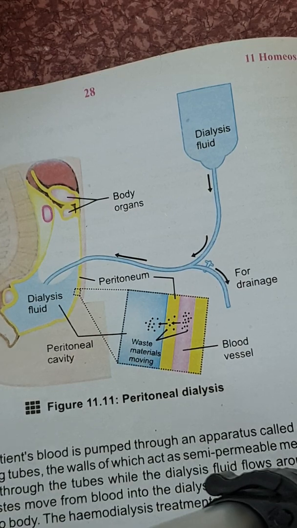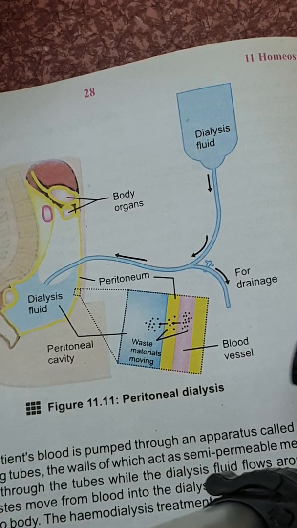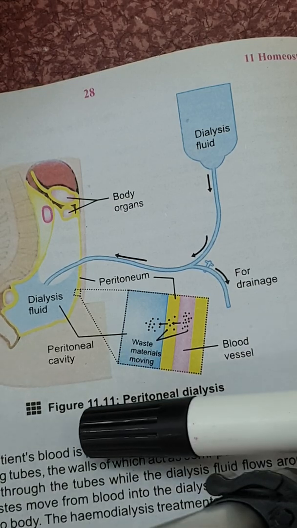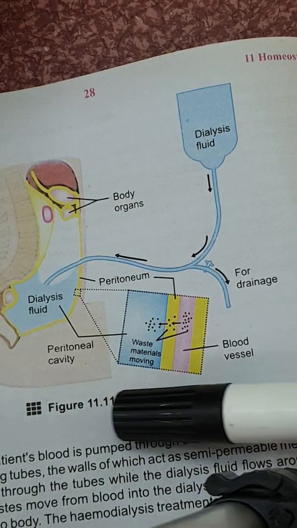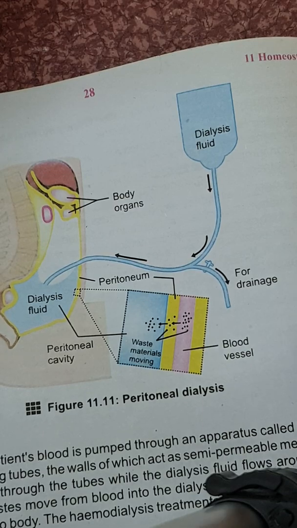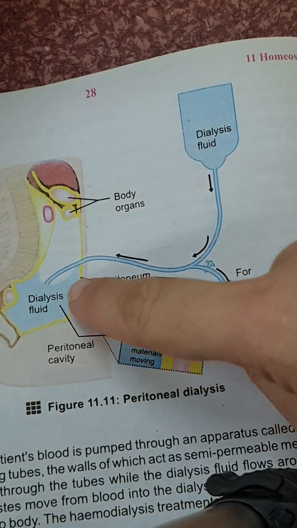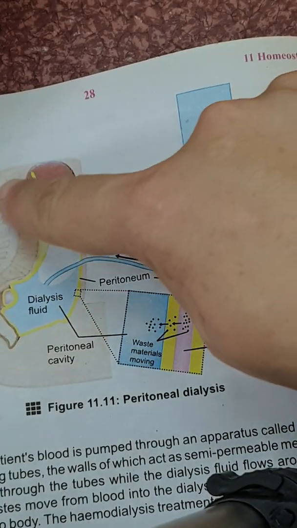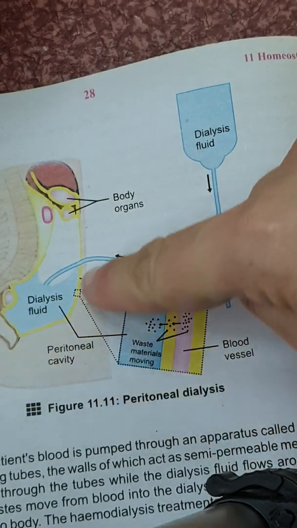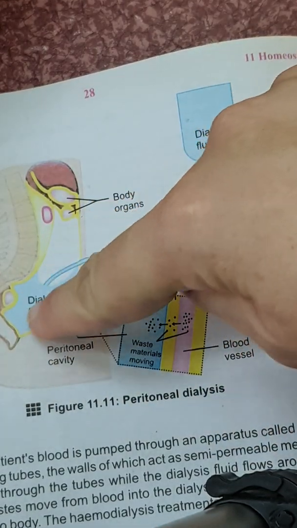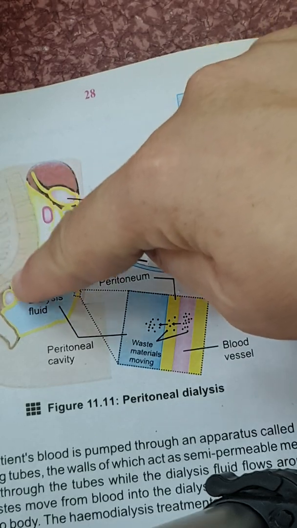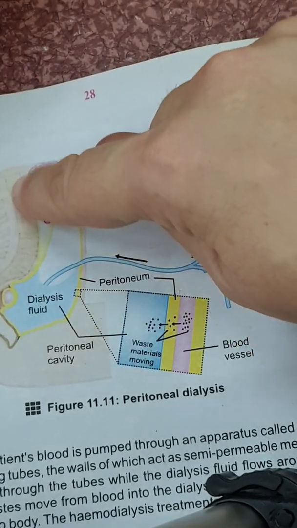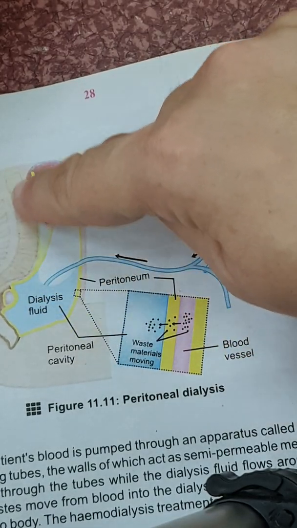There are two types of dialysis which are done. One is peritoneal dialysis. Peritoneal dialysis means that this dialysis is done inside the peritoneum. The peritoneum is a cavity outside the kidney, at the back, along with the vertebral column of the human body.